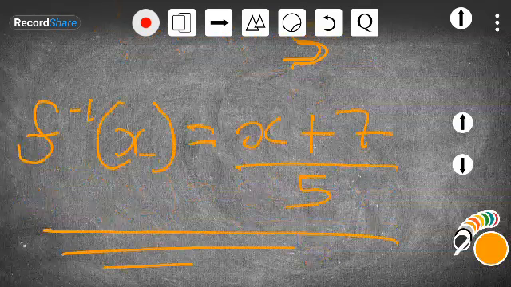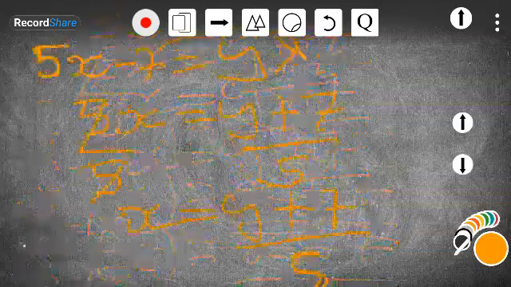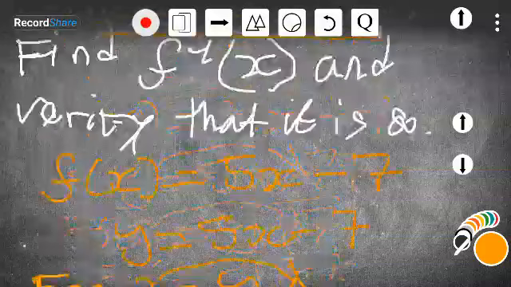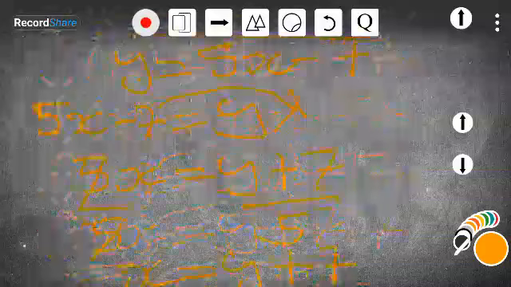But the answer is not complete here, because if we go back, our question says find the inverse function of x and verify that it is so. So how do we verify that our inverse function is correct?